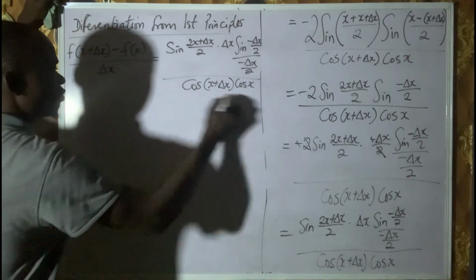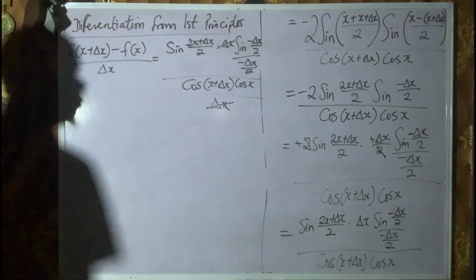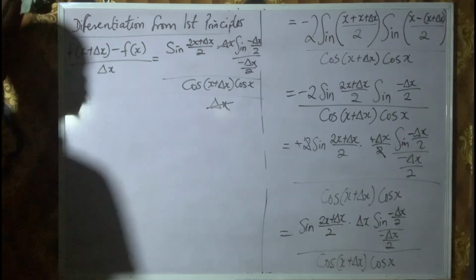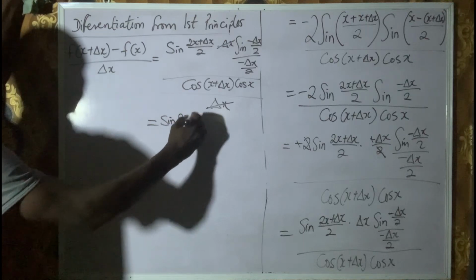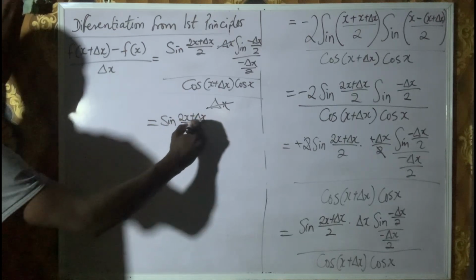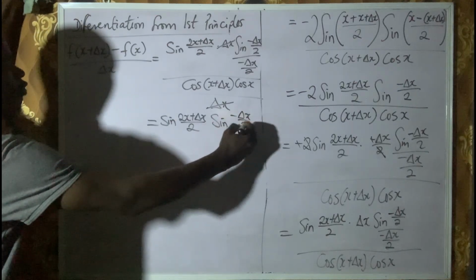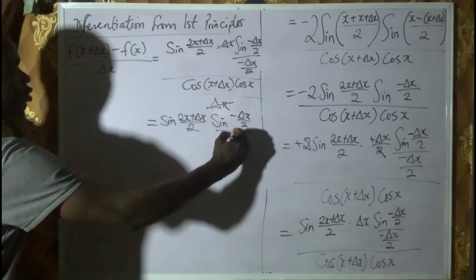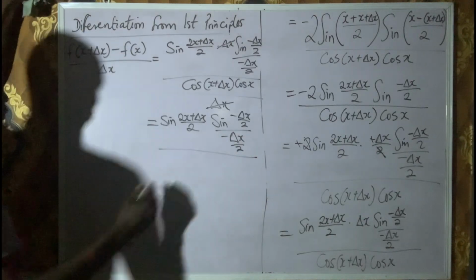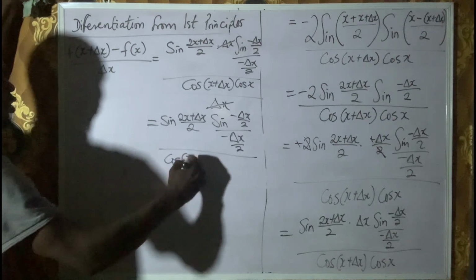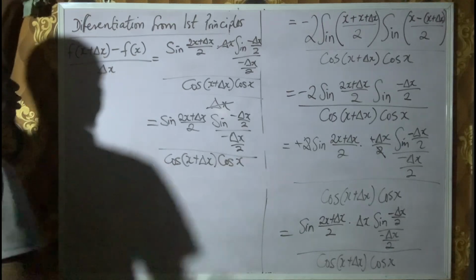So everything is divided by delta x. This delta x will cancel out the free delta x, like we always say. So what is remaining now is sine of (2x plus delta x) over 2, times sine of minus delta x over 2 over minus delta x over 2, all over cos of x plus delta x times cos x.